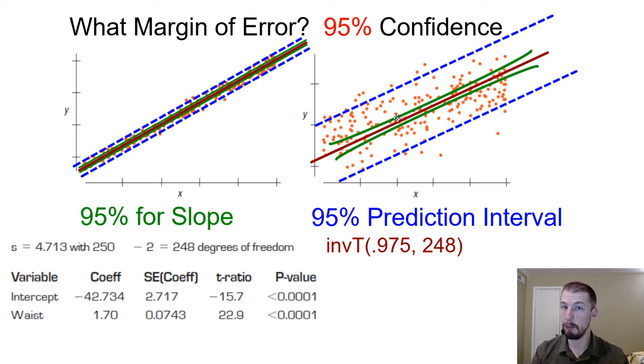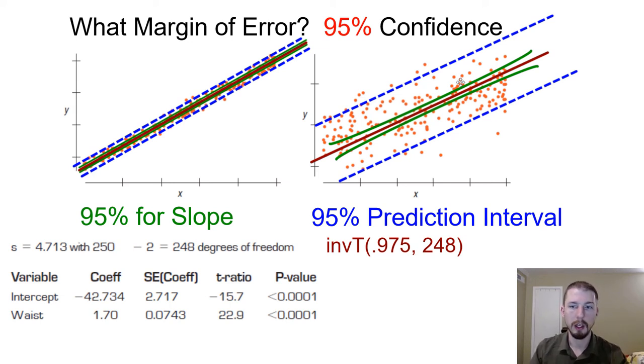The other one that's much more useful, I would probably say, is a 95% prediction interval. So we have our best estimate, which is our line of best fit, and then we want to be able to say, okay, wherever we are, whatever waist size you're at, we want to create an interval at that waist size within which we're 95% confident that 95% of all the data would actually fall.